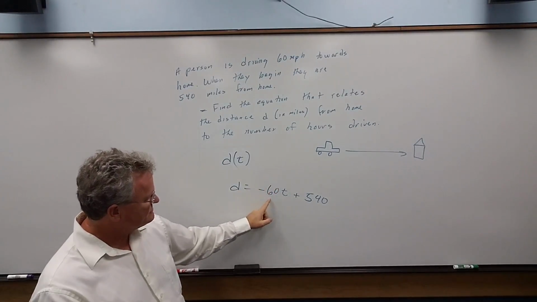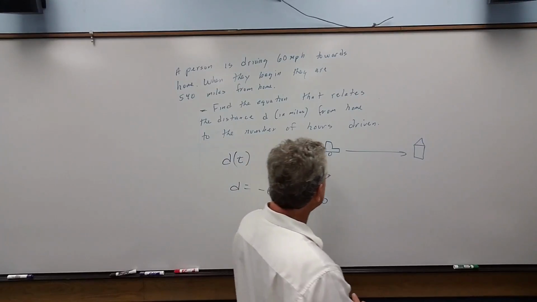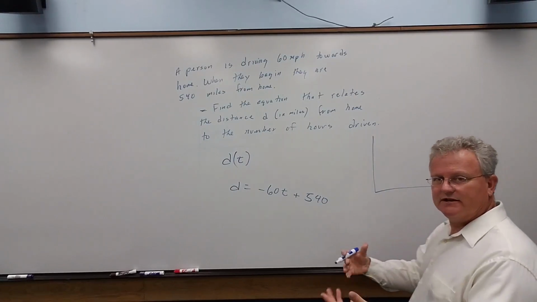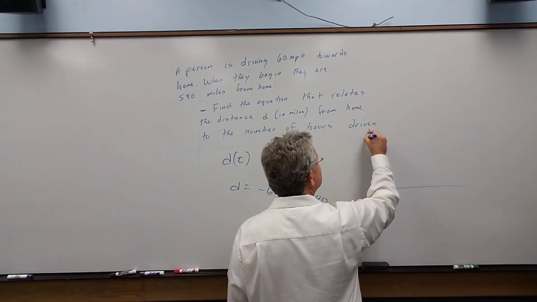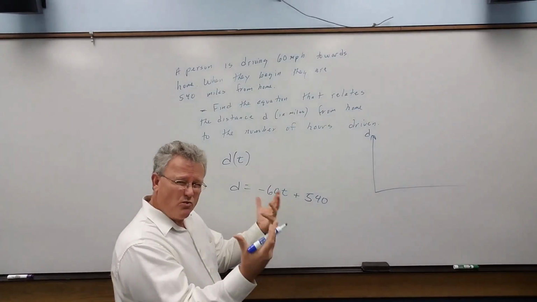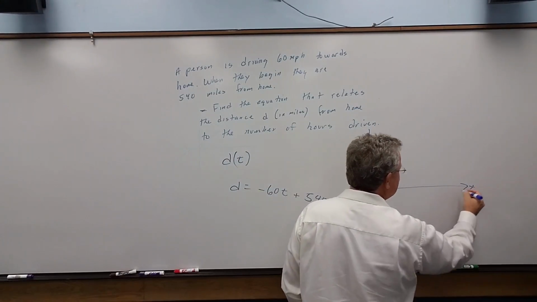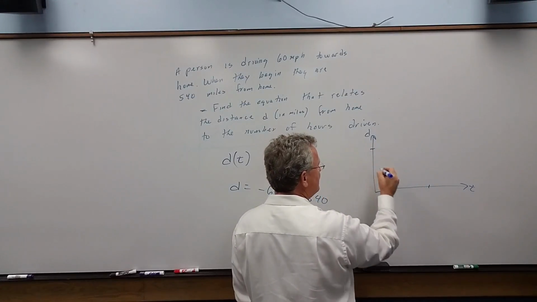And the interesting thing is this right here. This relates to our slope being negative, and to help them see this and make sense of it, this is distance, which is our function, that's our y value. This is a distance, and it depends on time. And the distance is 540.